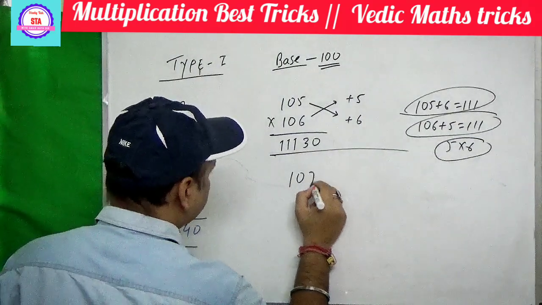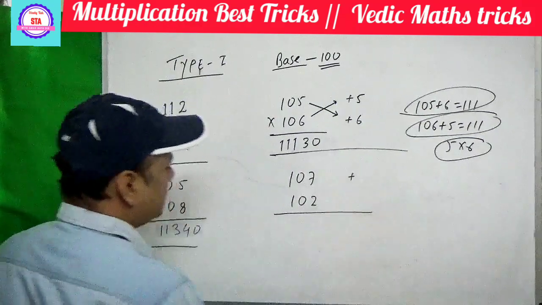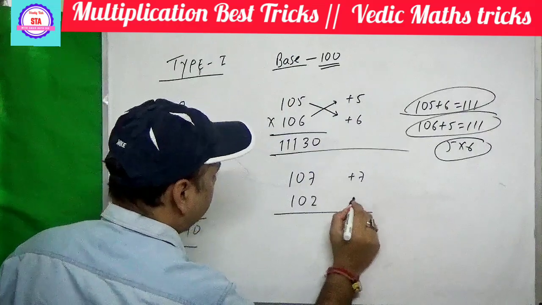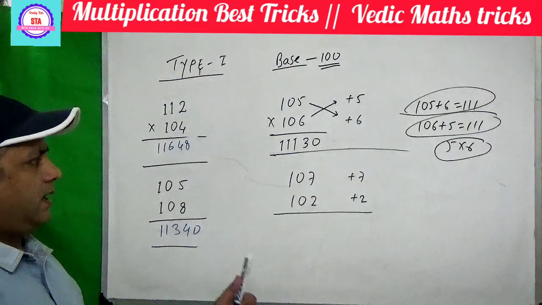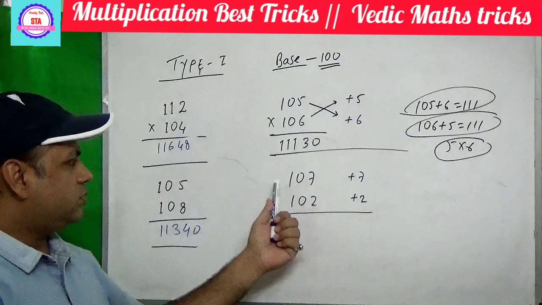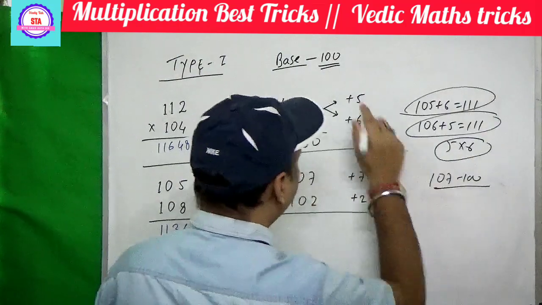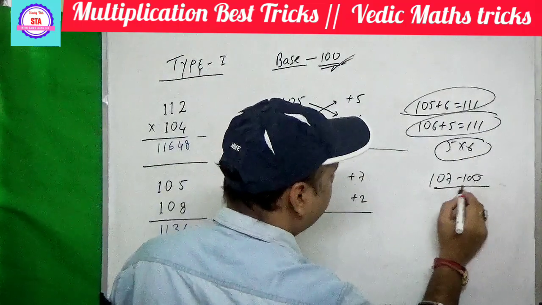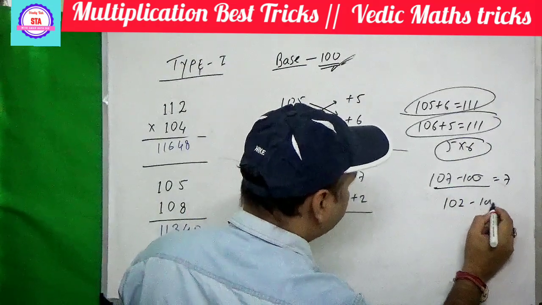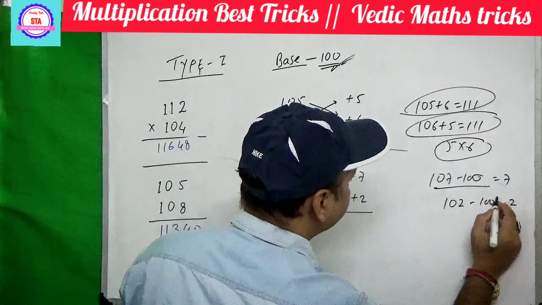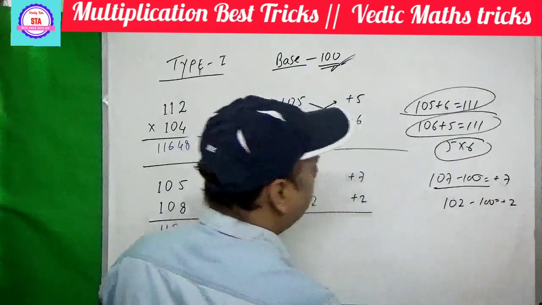I will take some more examples. Write 107 and 102. 107 is 7 more than 100 and 102 is 2 more than 100. Again, repeat. You minus 100 from 107, because the base is 100, that is 7, and 102 minus 100, that is 2.